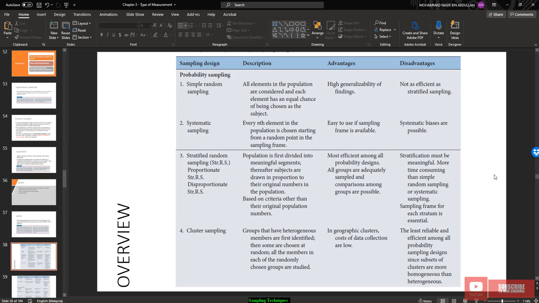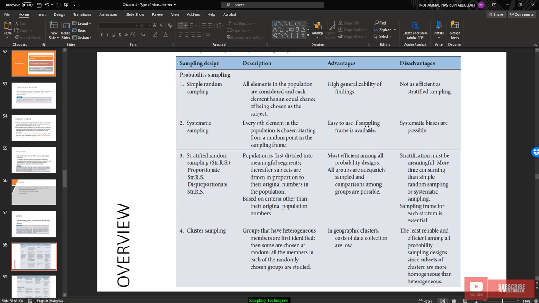So for an overview, we already discussed probabilistic sampling techniques and non-probabilistic sampling techniques. Simple random sampling: all elements in the population are considered and each element has an equal chance of being chosen as the subject. Advantage, high generalizability of the findings, and disadvantage, not as efficient as stratified sampling techniques. Systematic sampling technique: every nth element in the population is chosen, starting from a random point in the sampling frame.